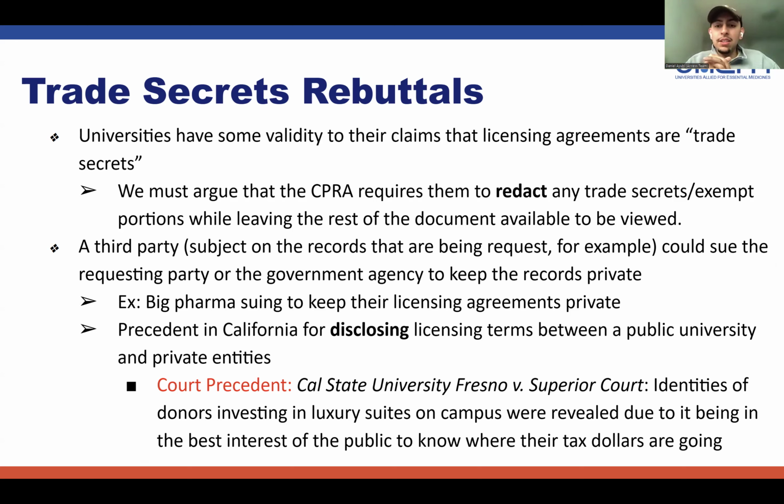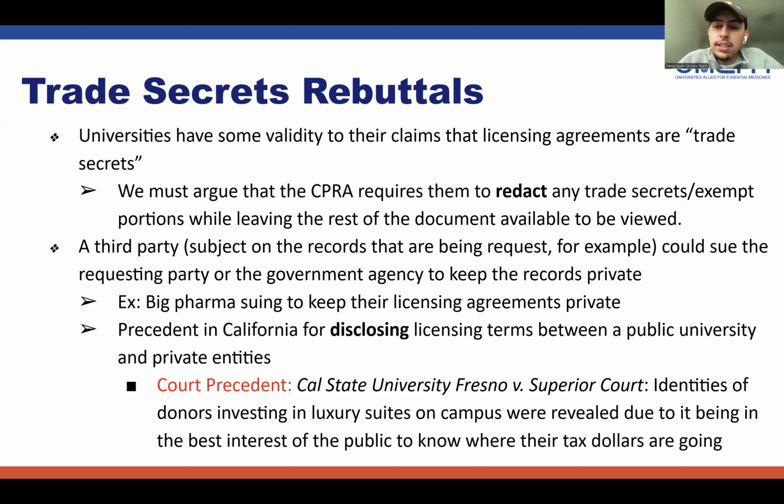However, there is still legal precedent on our side here for disclosing licensing terms between a public university and private entities, which could be us. And the court precedent comes from the Cal State Fresno versus Superior Court case.